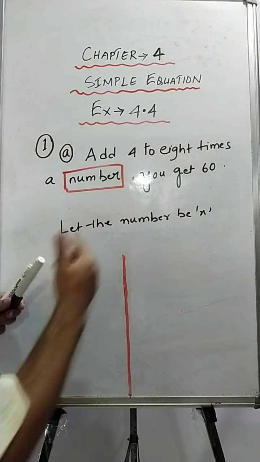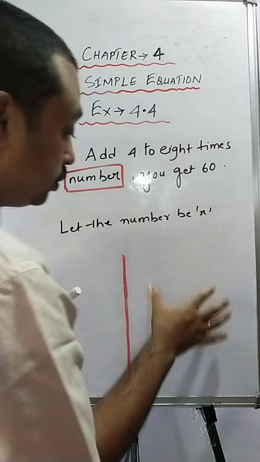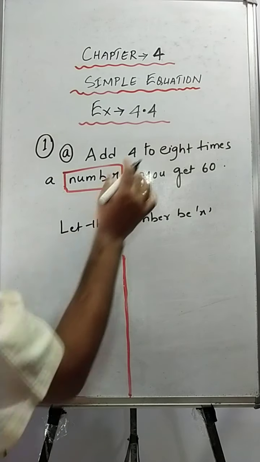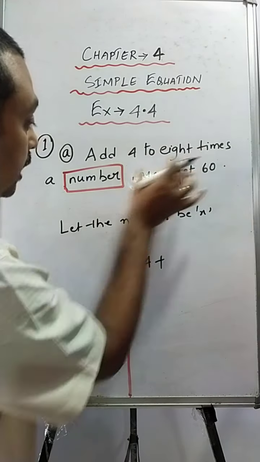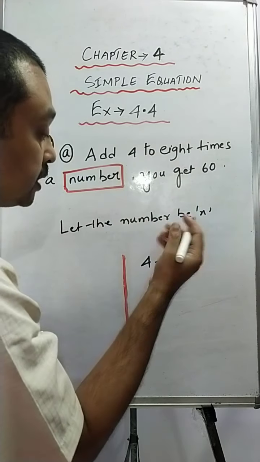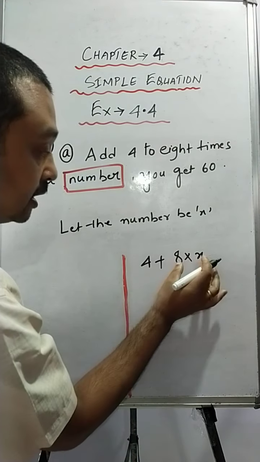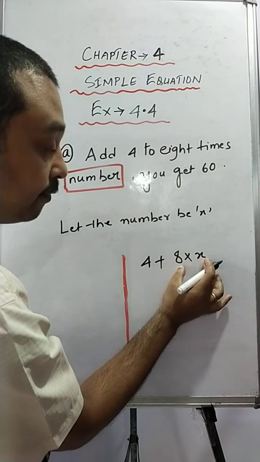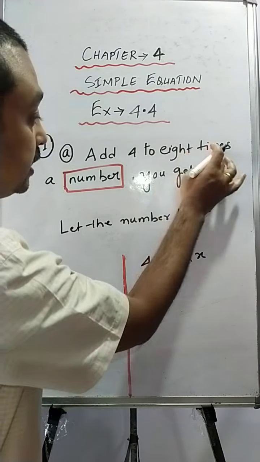Now when you add 4 to 8 times the number, the result you will get is 60. So how to write it in equation form? 4, when you add 4 to what? 8 times the number. What is the meaning of 8 times the number? The meaning of 8 times the number is 8 into x, students. In mathematical language, 8 into x is called 8 times the number.